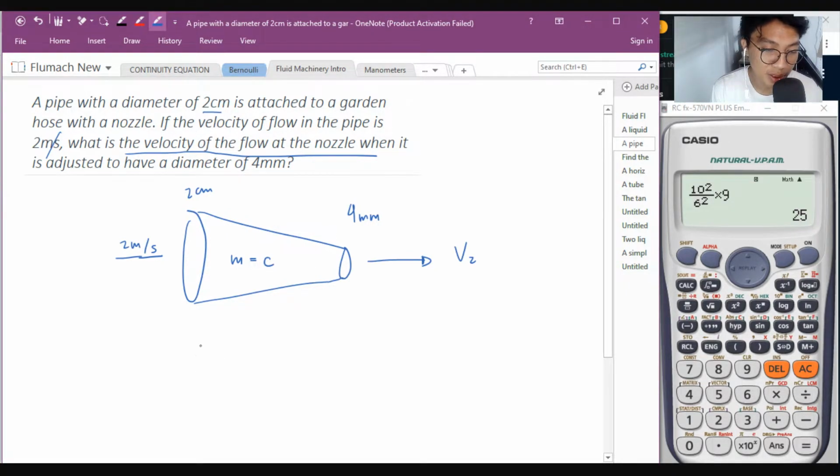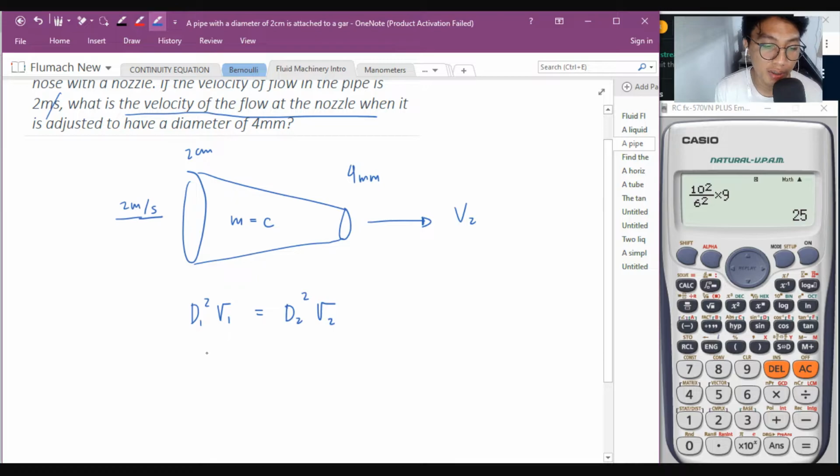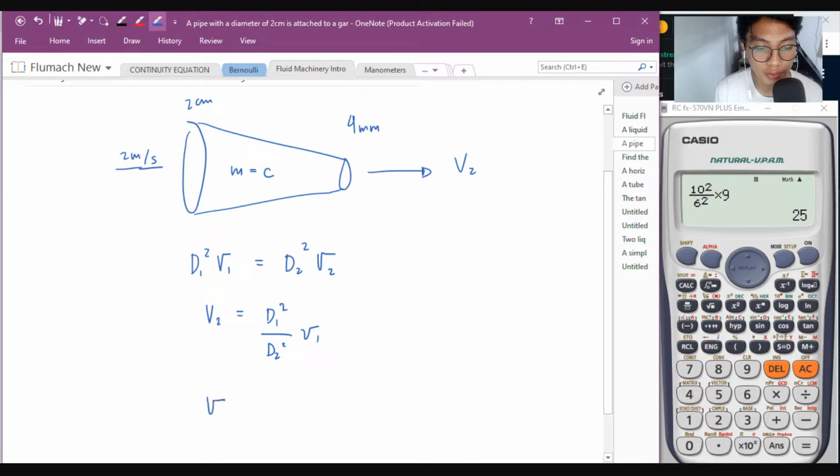Now, lista ulit natin. So, D1 squared V1 equal to D2 squared V2. Sanayin yung sarili niyo dito. Now, hinahanap natin si V2. So, V2 is equal to D1 squared over D2 squared velocity 1. So, V2 is equal to D1 is 2 cm.